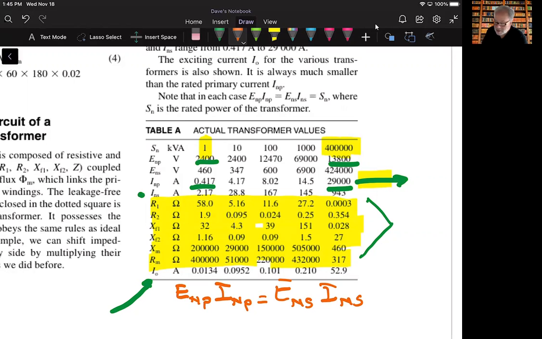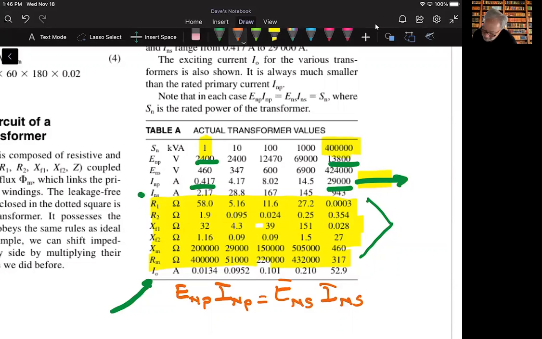Of course, there are losses in between, but basically, if we looked at any one of these, we could plug values in here and see that that would indeed be the case.